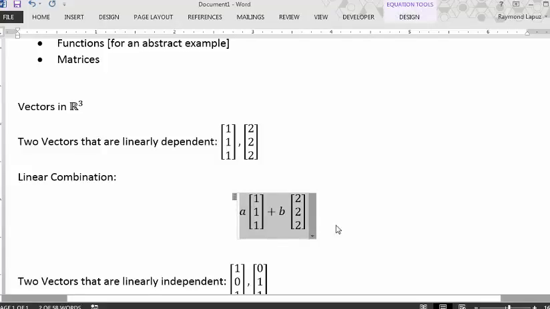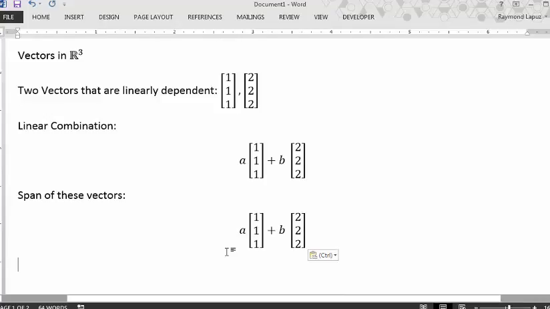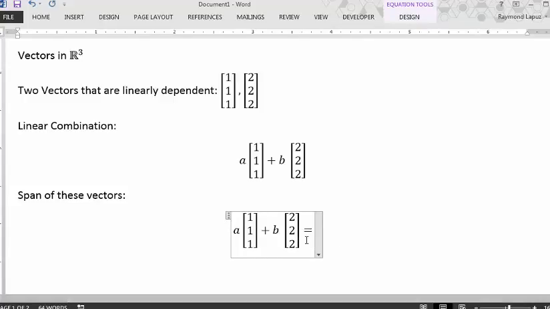So a more interesting concept is to say, what is the span? The span of these two vectors is any vector that can be written as a linear combination of these two vectors.